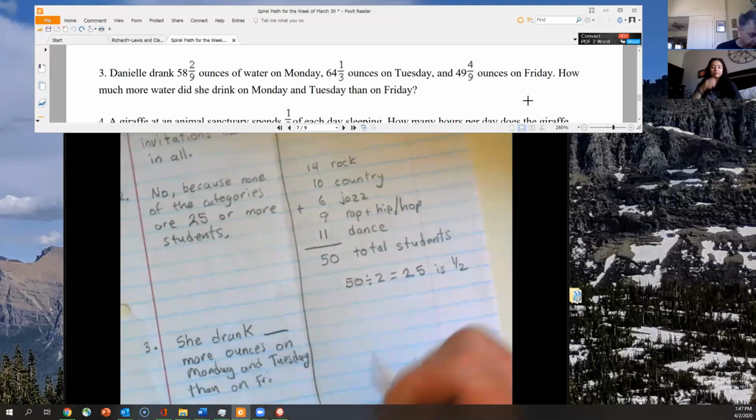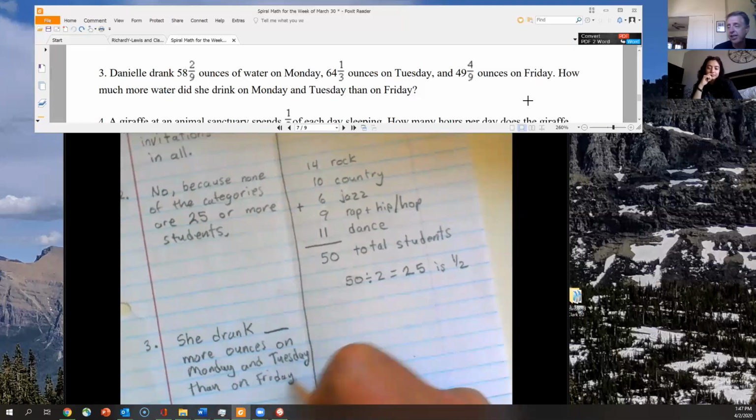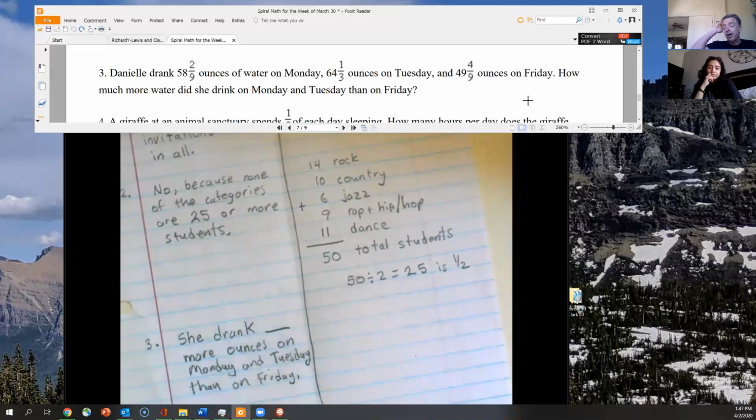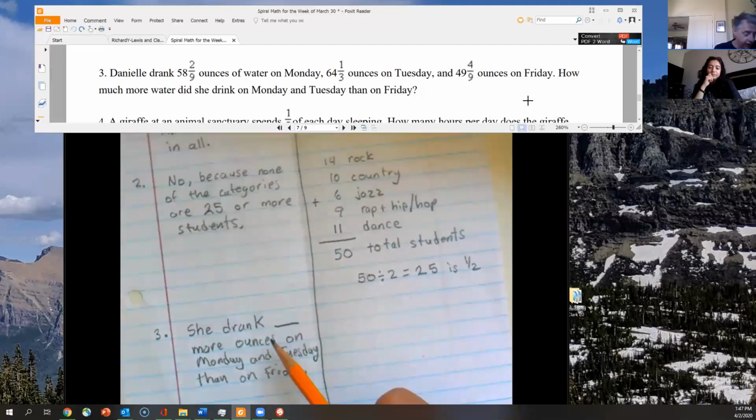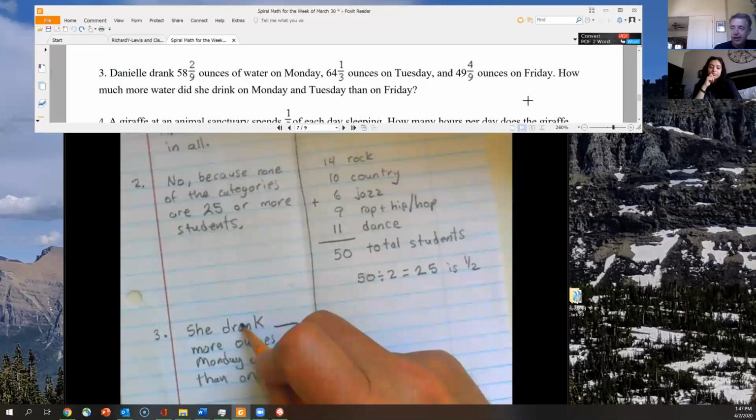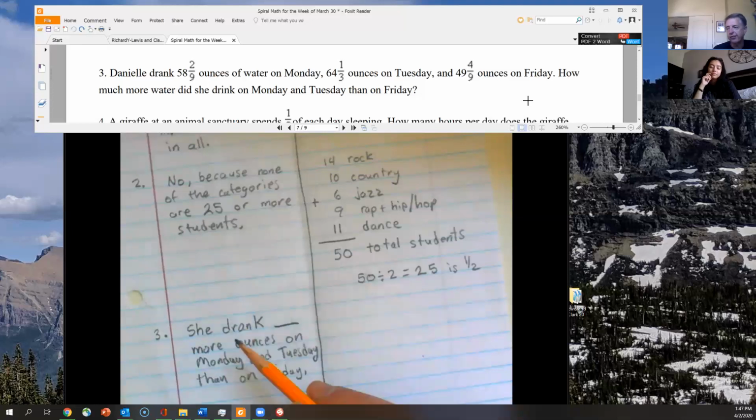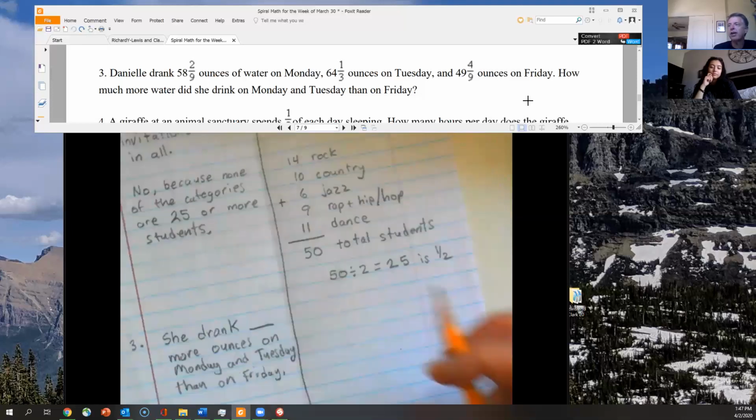Now, the big thing here, boys and girls, is I really want to see that word ounces in the answer sentence. So make sure you have that on there. If you said ounces of water, that's fine too. But ounces is critical. And also I want to see the words Monday and Tuesday. And if you said drank, that's important too. And she or Danielle. So Ms. Garcia, oh, that's right, I'm solving this one.